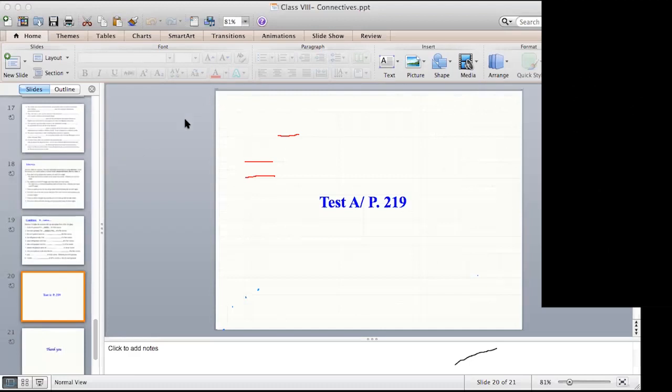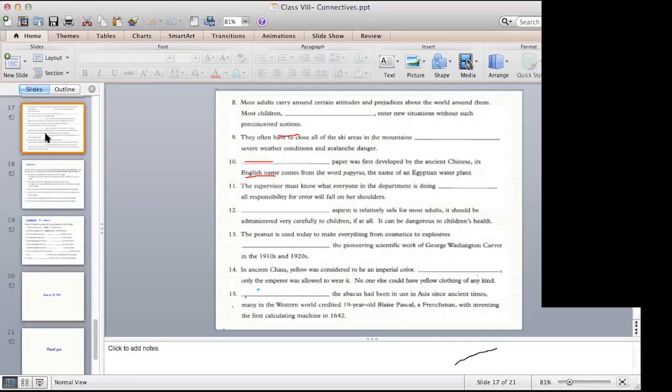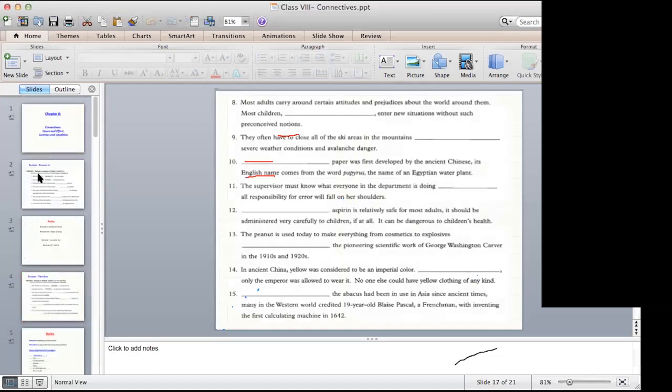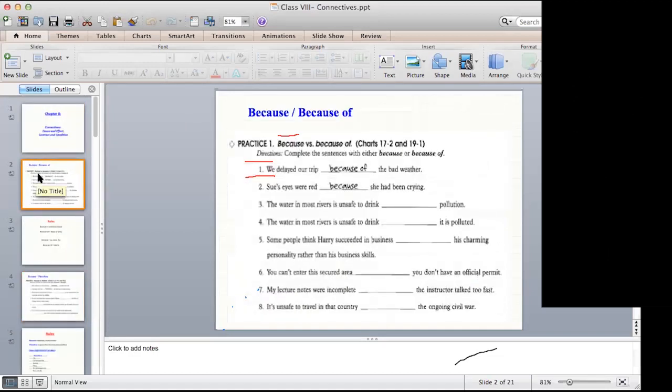So look at this. We delayed our trip because of the bad weather. Weather is a noun. Bad is an adjective, but weather is a noun. That's why we have because of. We can change this because of with due to the bad weather.